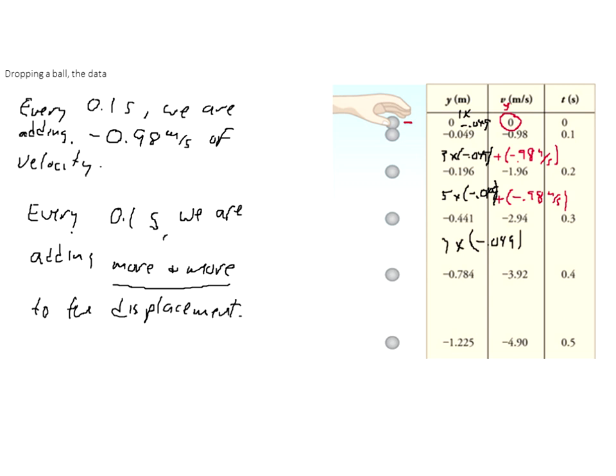So by adding the same amount to the velocity, that means every tenth of a second it's moving more meters per second. So if it's moving more meters per second, it makes sense that it's going to be moving more meters. That was pretty insightful.